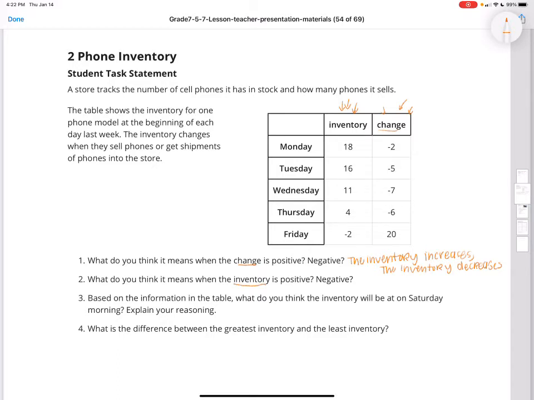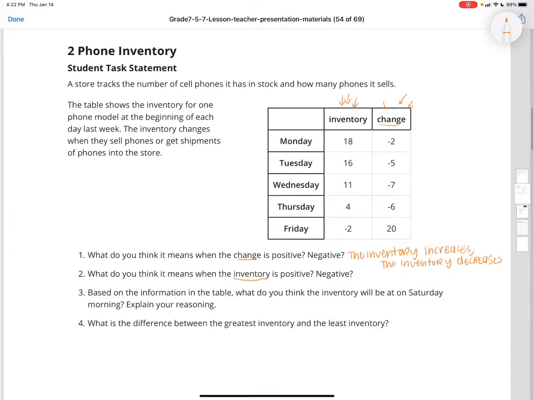So when I think of something that is positive, that means the number of phones that are available to buy, so the phones in the store that are available to purchase.